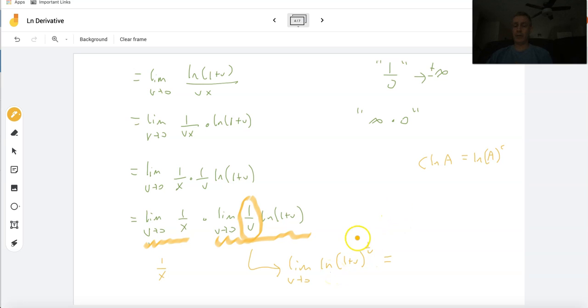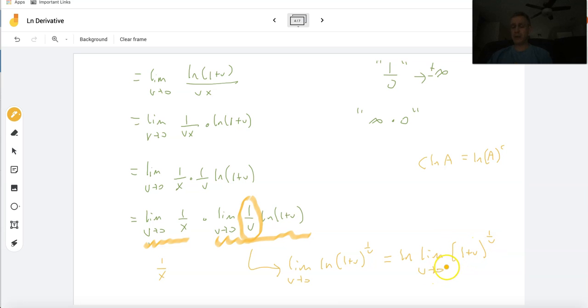Because this is a positive 1 in the argument, this is always going to be positive values. I'm going to pull the natural log out in front of my limit, and then just focus in on the original argument of that natural log to try to evaluate what this limit is.